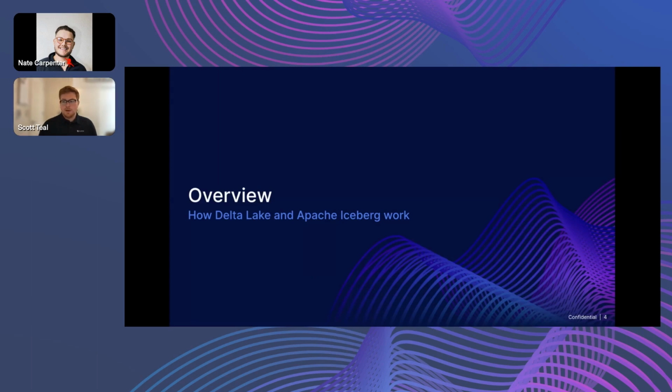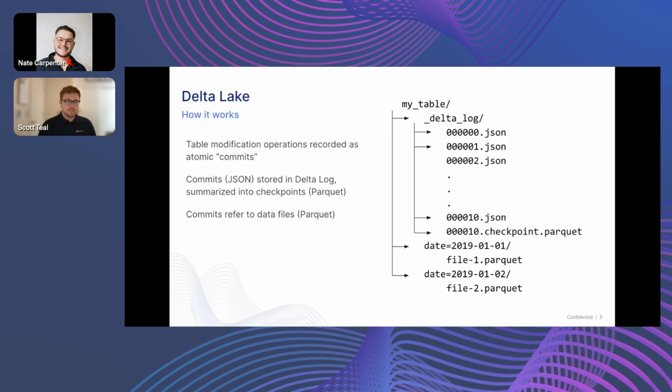First, let's walk through the two different table formats. Some of this you might already know, but just to level set on how Delta Lake works: every modification to a table, so inserts, updates, and deletes, essentially adds and removes files. They update metadata and generate what's called a new commit to keep track of how the table is changing. Those commits are stored in what's called a Delta log, which is in JSON file format.